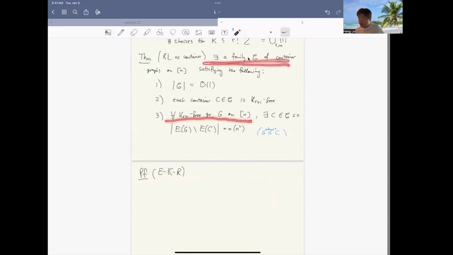Let's take a container, a family of containers C, as in the previous theorem.